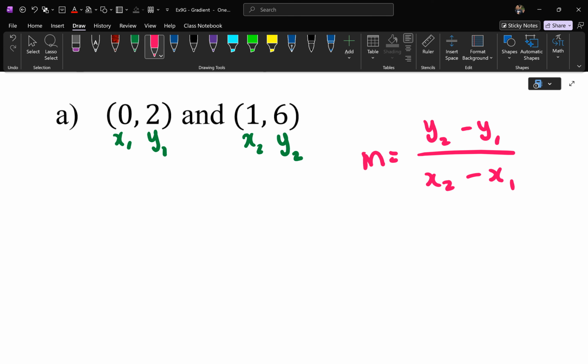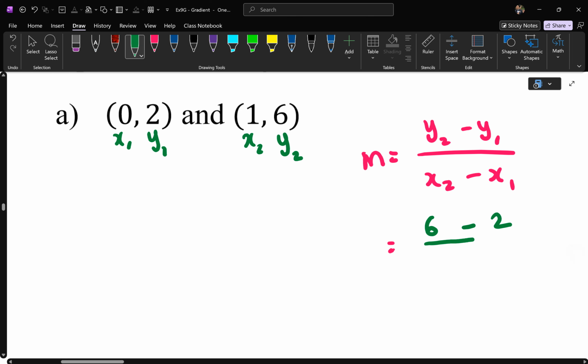Let's use the formula. Here we go. What's y2? Which one's y2 again? Is it 0, 2, 1, or 6? Which one's my y2? Very good. 6. So the formula should then be 6 take away. Which one's my y1? 2. Can you see that? y1 is over here. So y2 minus y1, so 6 take away 2.